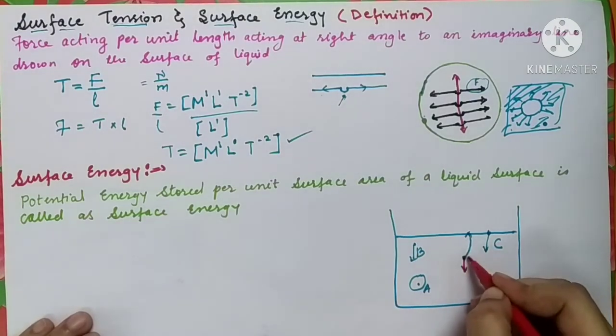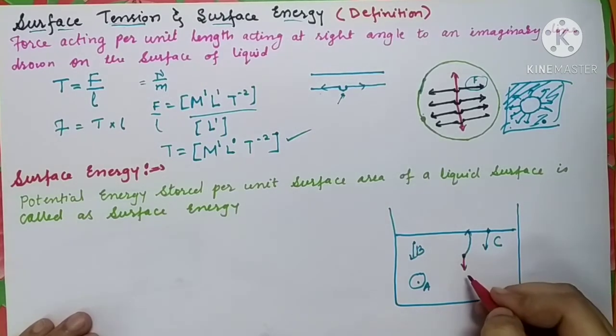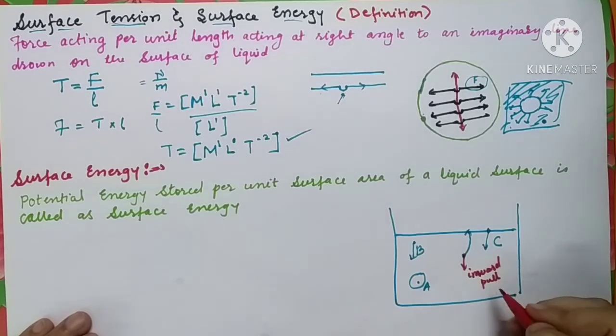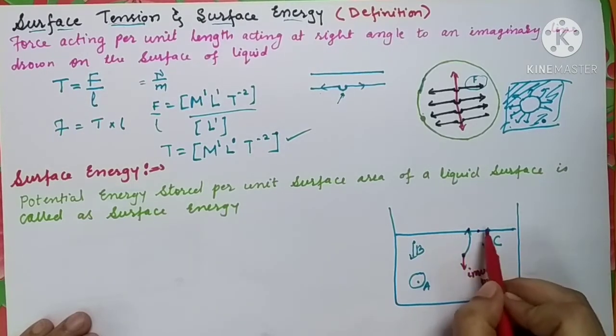If you want to bring this molecule from the interior of a liquid to the surface, we'll have to do some work against the inward pull. So this work done will be stored in the form of potential energy.